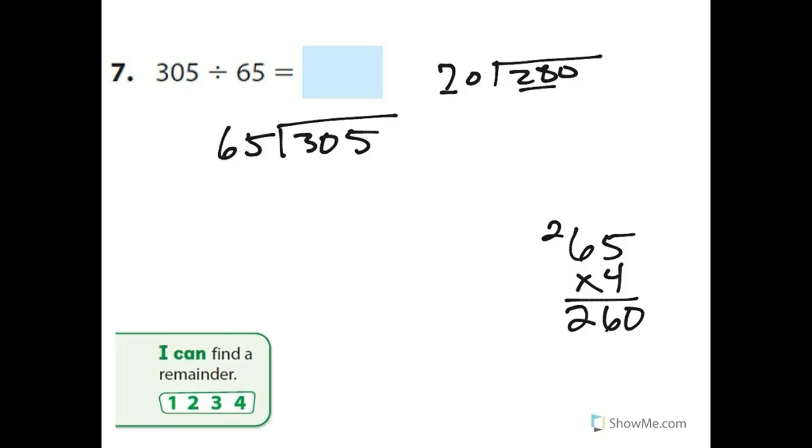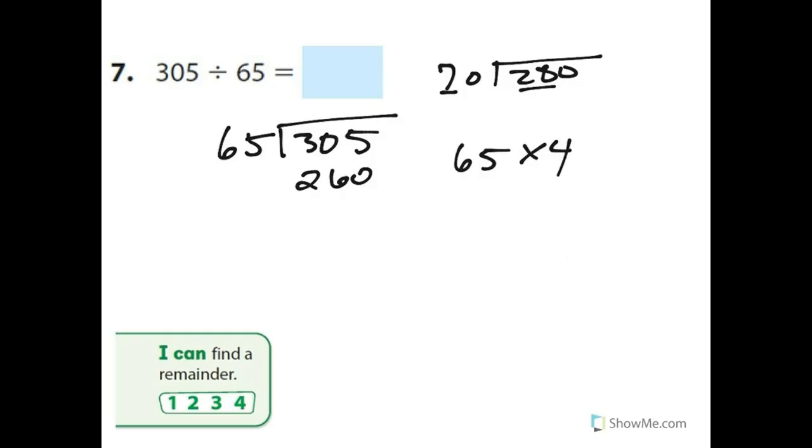So 260 is 65 times 4. Let me erase this part. Alright, so we got 5, 45 left. So we got 4, remainder 45.